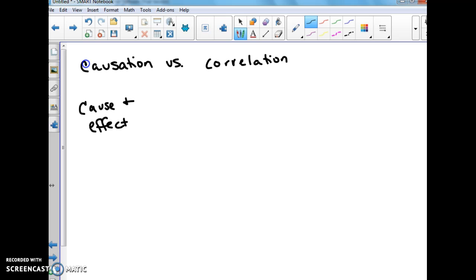This means that you are going to have a very, very strong likelihood that if this is the cause, then this will happen.